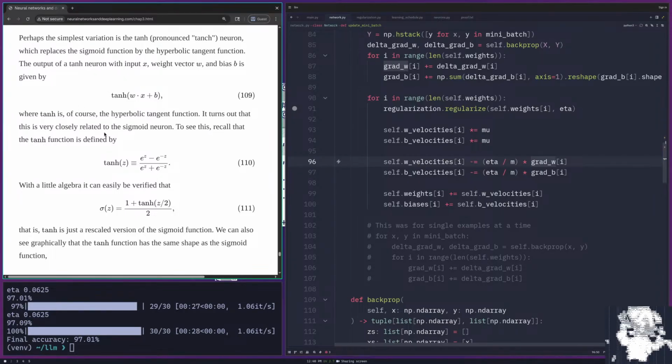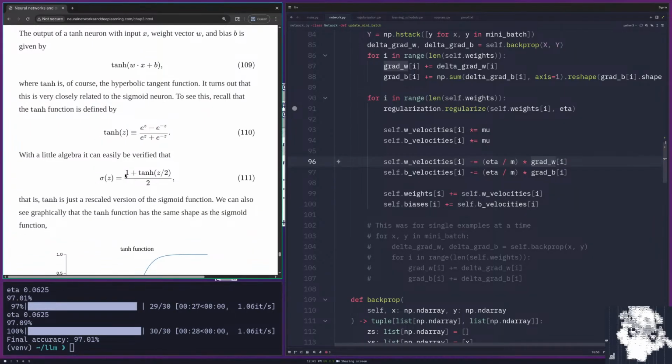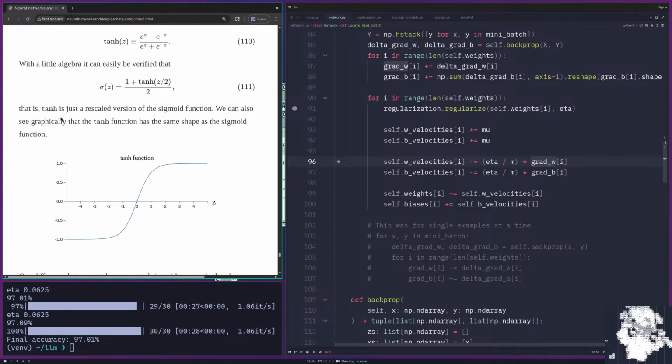It turns out that this is very closely related to the sigmoid neuron. To see this, recall that the tanh function is defined by this? Yeah, recall this, because I definitely knew that, and now you're just telling me to remember it. With a little algebra, it can easily be verified that sigmoid of z is equal to 1 plus tanh of z over 2, over 2. That is, tanh is just a rescaled version of the sigmoid function.